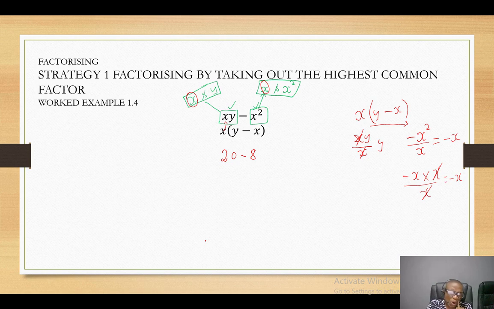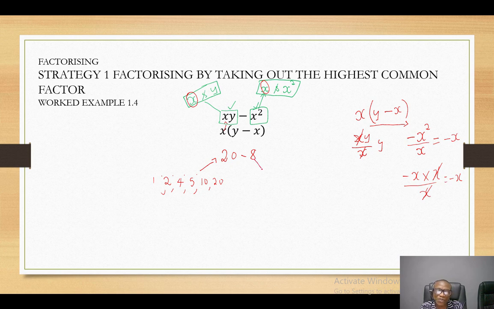I want to say, what are the factors of this 20? The factors of 20, I won't write 1 because 1 is the factor of all the numbers. So I will just say the factors of 20 is 2, 4, 5, 10, 20. Actually, let me write 1 as well. It's the factor of 20.